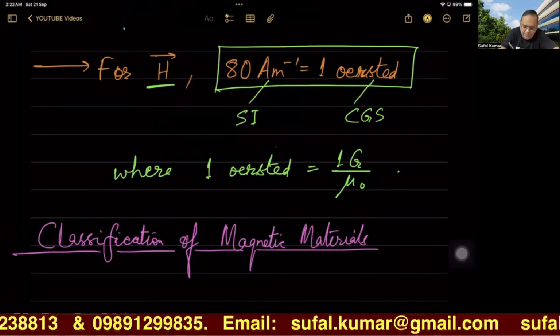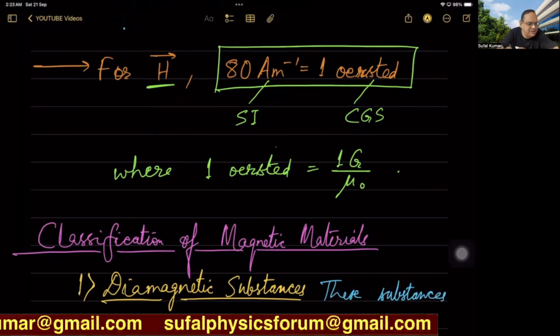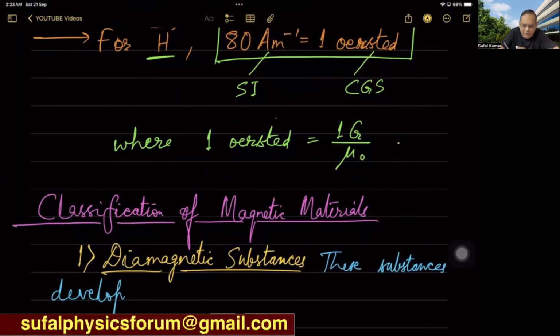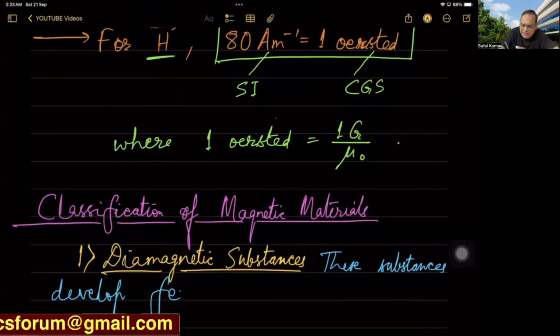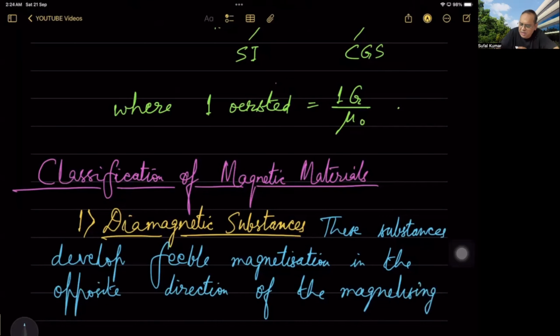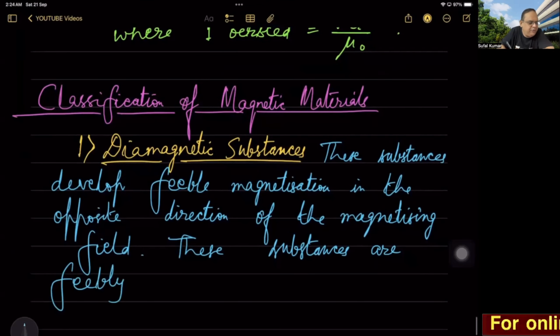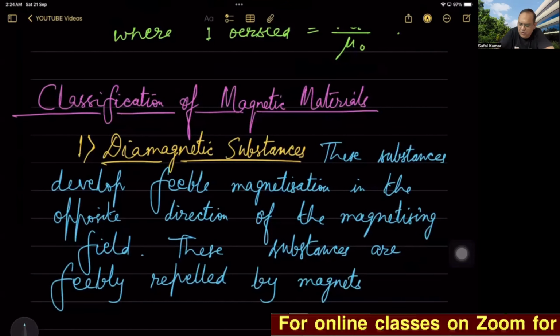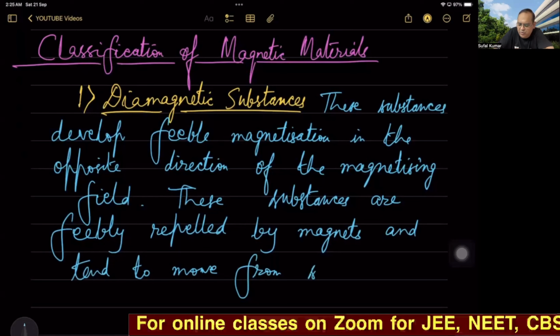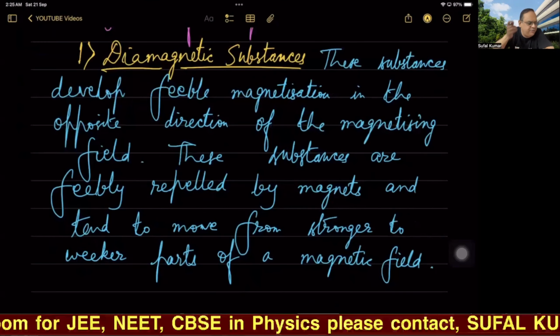Number one, diamagnetic. These substances develop feeble magnetization in the opposite direction of the magnetizing field. These substances are feebly repelled by magnets and tend to move from stronger to weaker parts of a magnetic field.